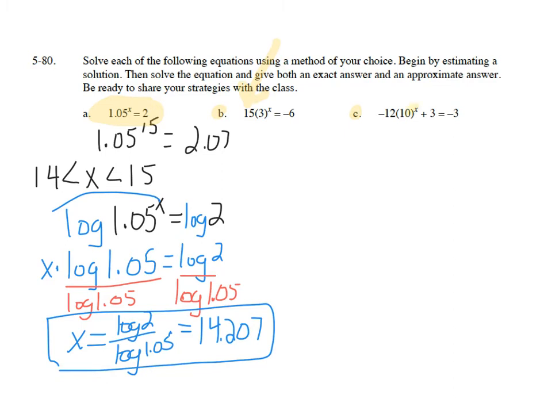Over here, you need to get the 10 to the x by itself by getting rid of the negative 12 and getting rid of the 3. So think about solving equations, get your base by itself, and then you can take the log of both sides. So pause this, try those on your own, then come back and check your work.